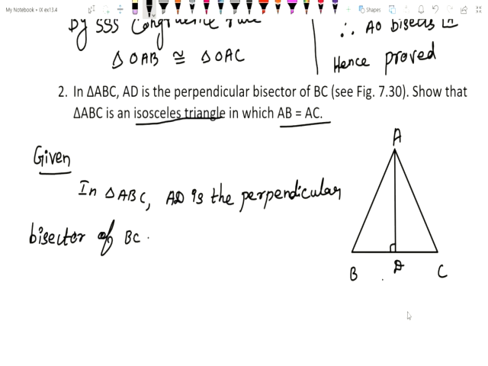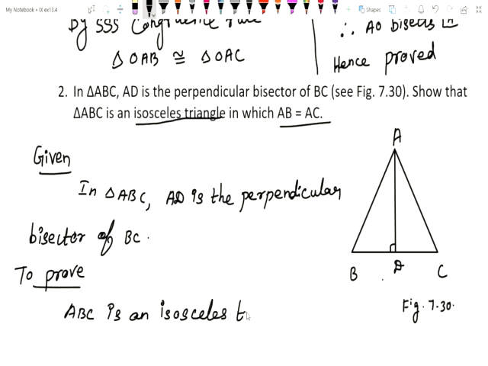This is diagram figure 7.30. So to prove, ABC is an isosceles triangle with AB equal to AC.